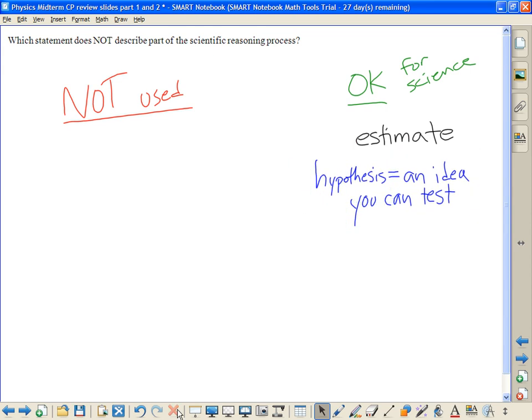I leave it as an exercise to you. Can you think of any ideas that can't be tested? You can Google the flying spaghetti monster if you want some examples of ideas that cannot be tested.